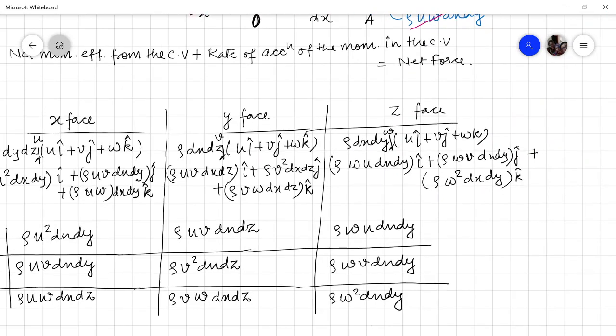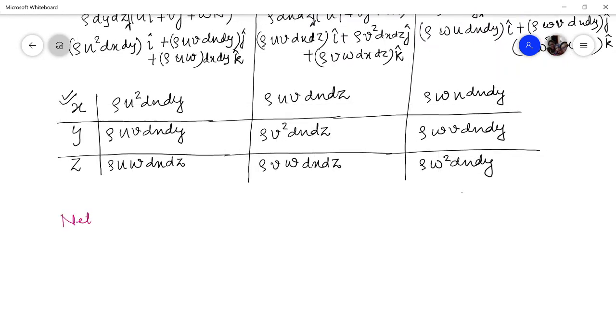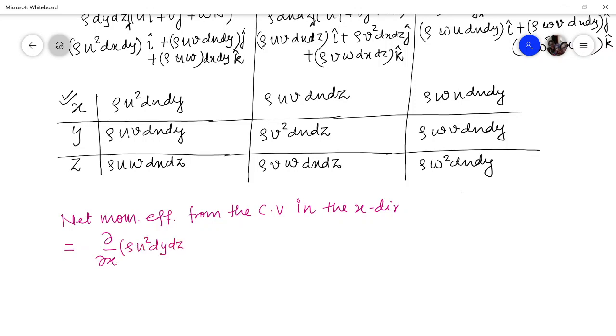So the net momentum efflux from the control volume in the x direction, that will be from the x face in the x direction first, that is del by del x rho u square dy dz dx, plus del by del y rho uv, and then dx dz dy, then del by del z rho uw dx dy and dz.